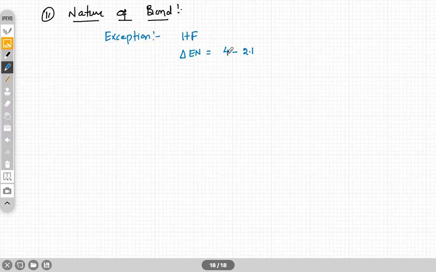This is the value I am giving you. So this is 1.9. According to this theory, the bond between H and F must be ionic, but it is covalent in nature. Actually, it is covalent. This is an exception.